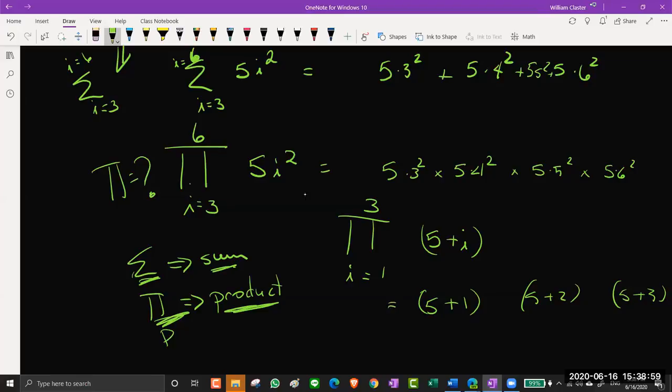Multiply. Product them. Right. If it had been sigma, then what? It'd be 5 plus 1, 5 plus 2, 5 plus 3, and then what? Plus. Okay? Sorry, I forgot the 5 plus i here. Okay? Any questions about this?